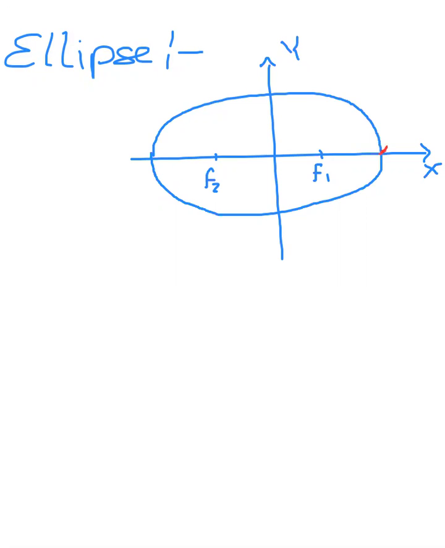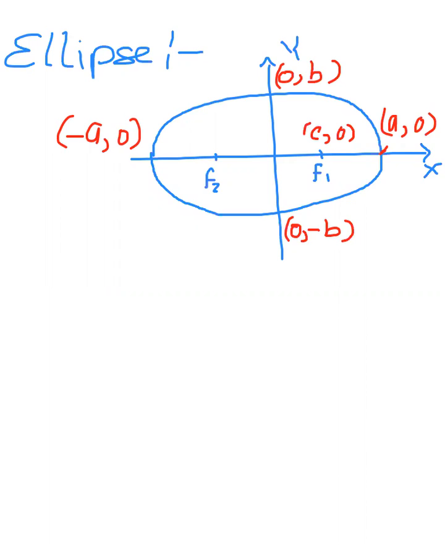It will have coordinates a, 0. It will have coordinates minus a, 0. This will be 0, b, 0, minus b, c, 0, minus c, 0.